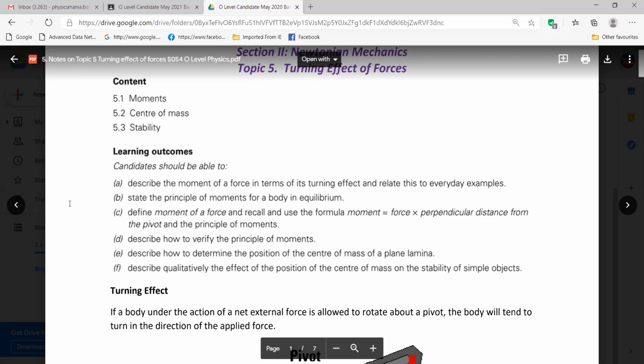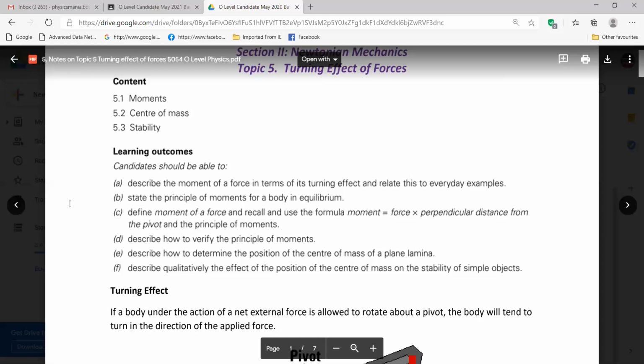And there is one principle of moments. When the object is turning, there will be clockwise or anti-clockwise rotation, right? And if the object is not rotating, if it is balanced, then we can say the object has the moment balanced. Clockwise and anti-clockwise moment are equal. That's why the object is in equilibrium.